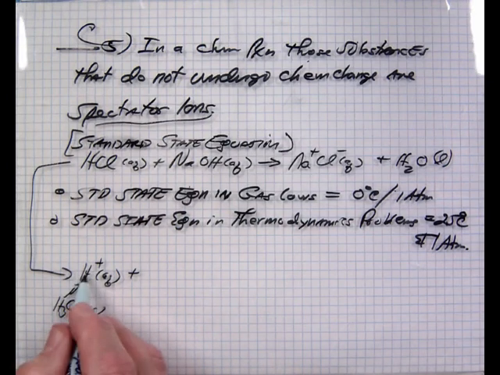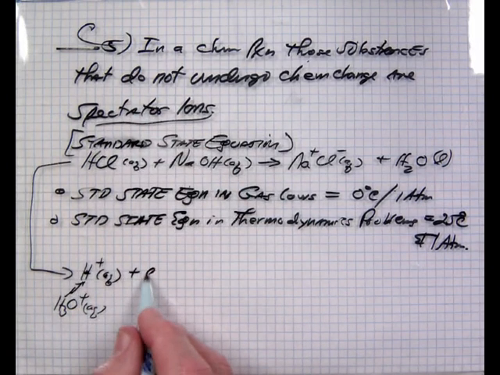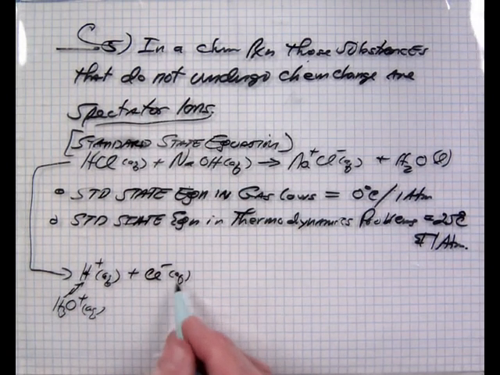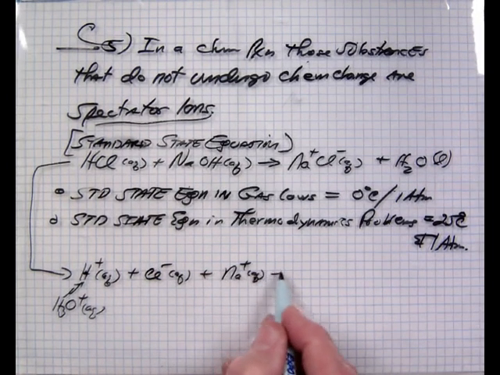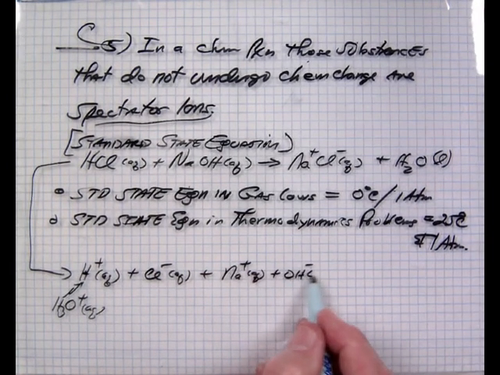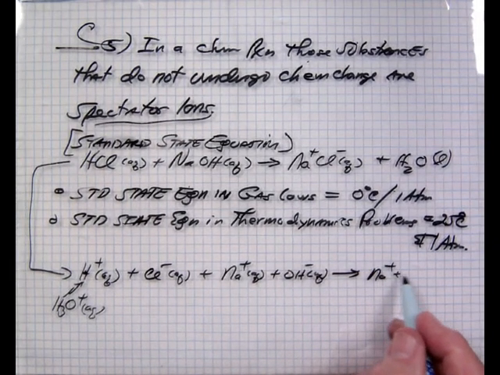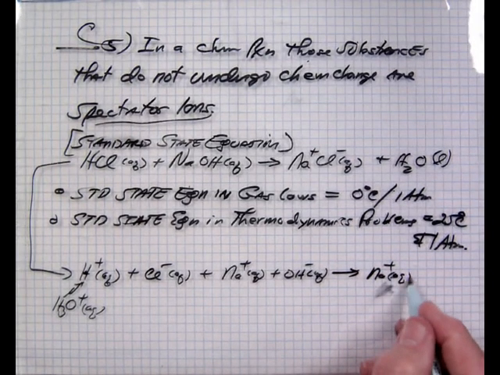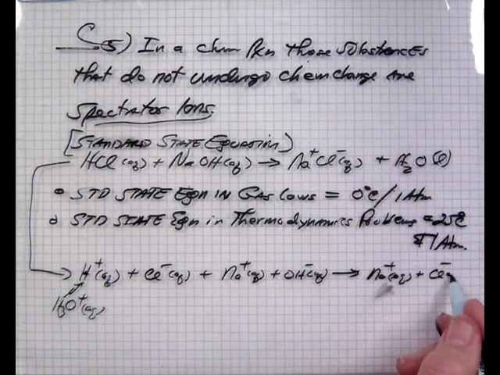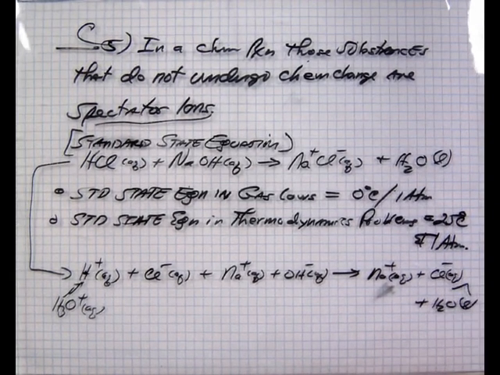But since chemists like me are inherently lazy, we're going to write H plus all the time. Cl minus aqueous plus Na plus aqueous plus OH minus aqueous goes to Na plus aqueous plus Cl minus aqueous plus H2O as a liquid.